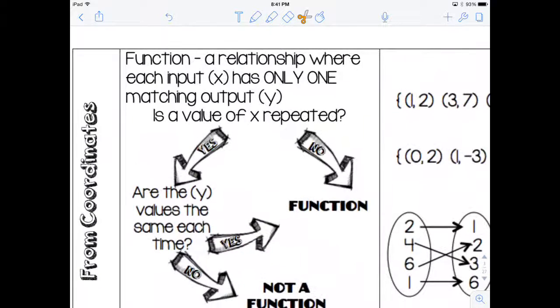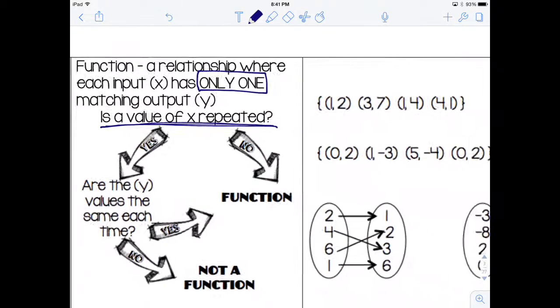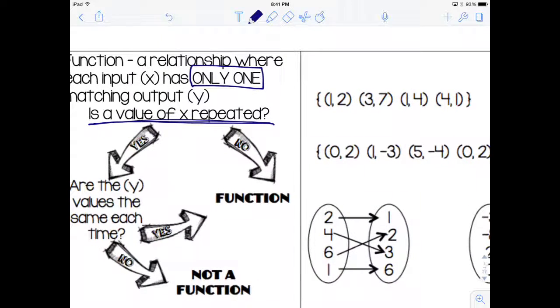So a function is a relationship where each input has only one output. So the first question you ask yourself is, is a value of x repeated? So when you're looking at, let's say, the set of ordered pairs right here, we have a 1, and then we have a 3, and then we have a 1 again.